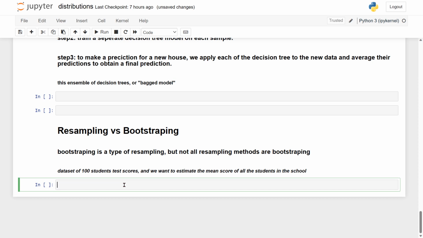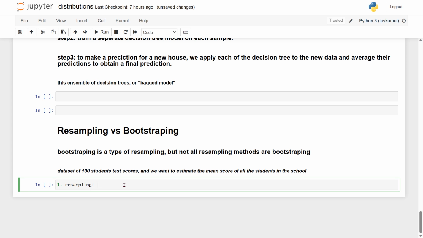Now, resampling could involve using cross validation to estimate the mean score.